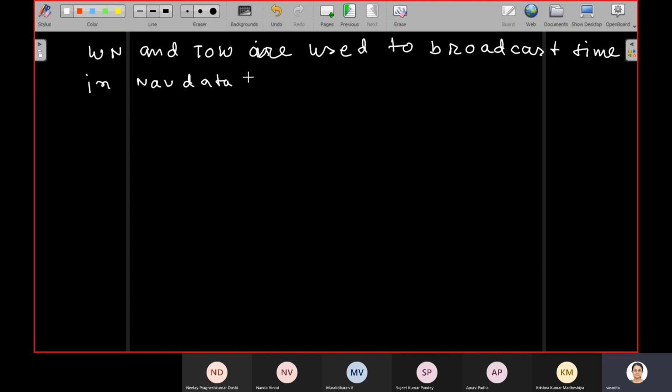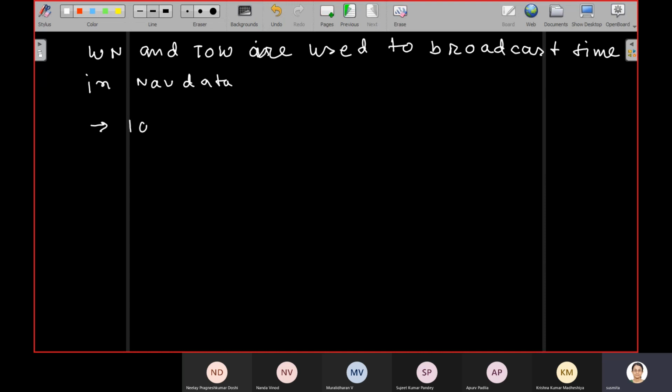When the ephemeris is transmitted in the nav data, the satellite has to tag it with time. That is called time of ephemeris. Similarly, the clock correction parameters also have a time tagged with them. It's called time of clock. So for this time, the week number and TOW are transmitted in the navigation data.